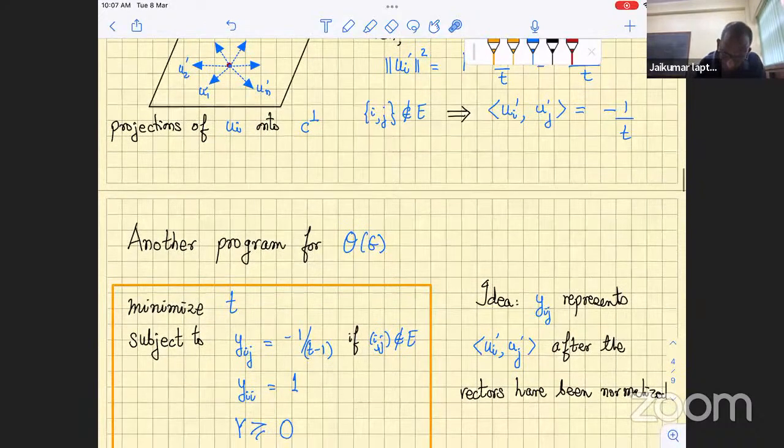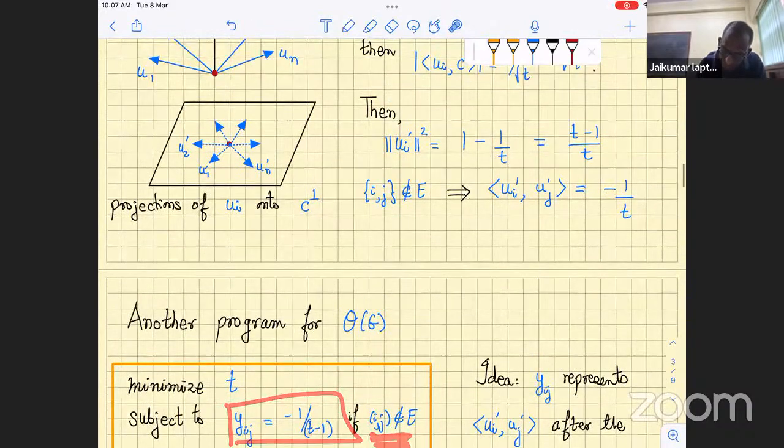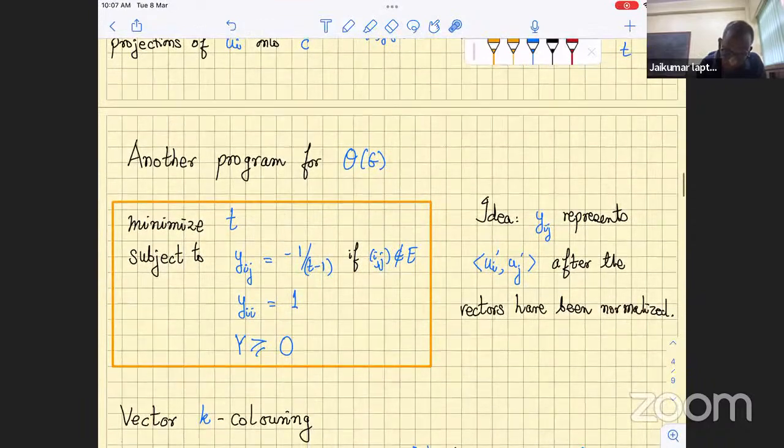So we are looking for vectors which have dot product with themselves, which is 1, and two different vectors that are not connected by an edge must have a dot product like this, but after normalization, it starts looking like this.